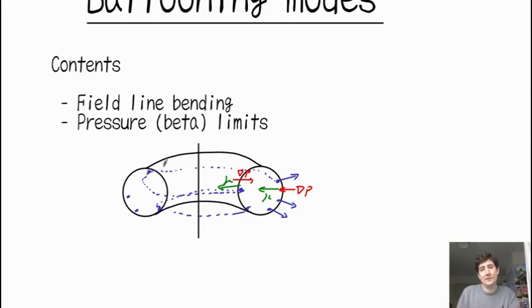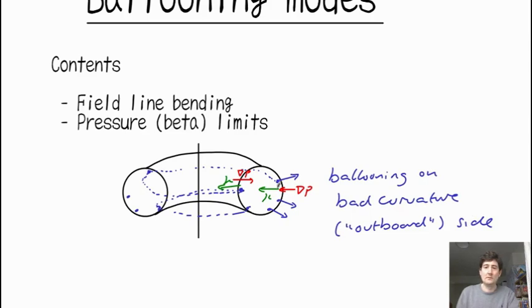So the field line is not moving here, but it's moving over here, and so it is being twisted, being moved outwards. And this is ballooning. It's ballooning on the bad curvature side, also called the outboard side, and then in the middle here is the inboard side.